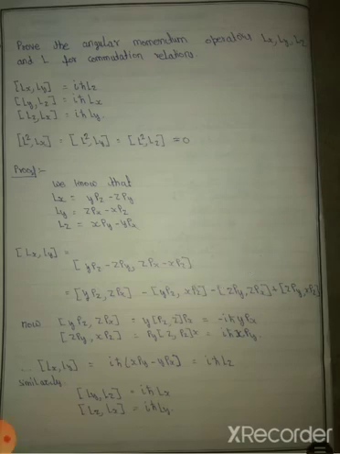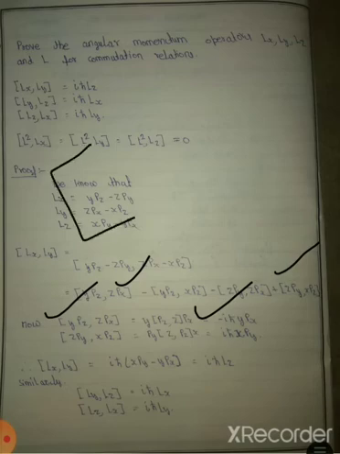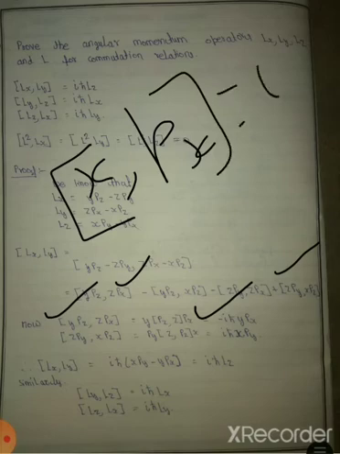Now we solve the remaining two terms. Firstly, this term. The y is outside, and on this side is the px term. So the inside term is [pz, z], and we know that the commutation relation of x with px is equal to iħ.